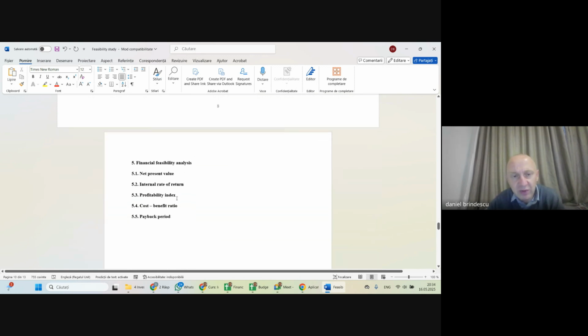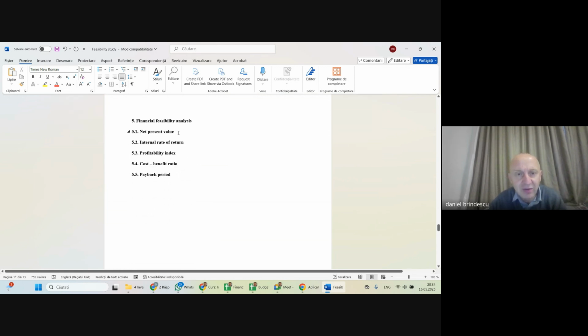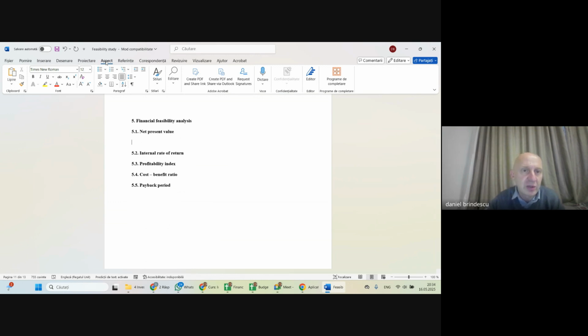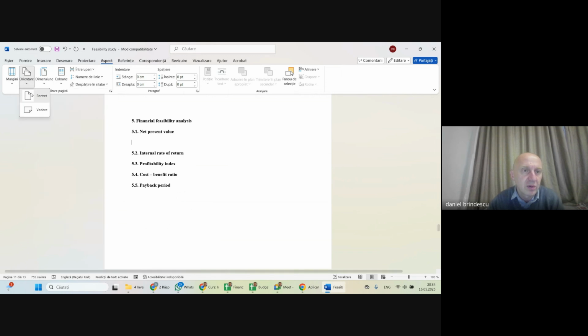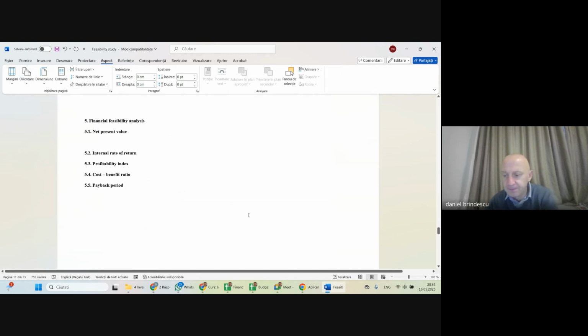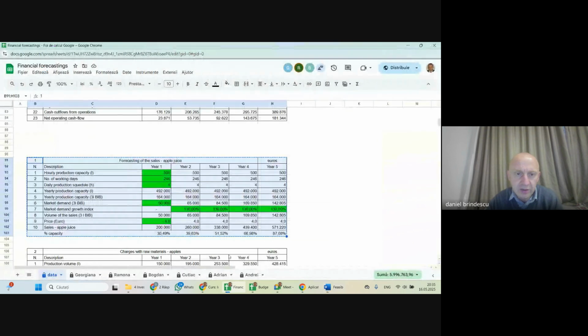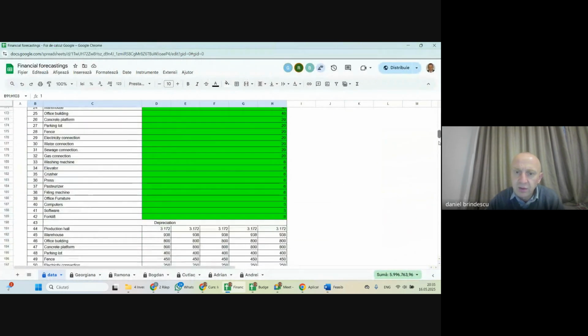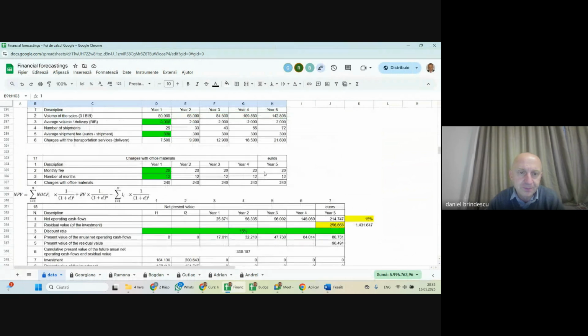You will have them, of course, in your Google Sheet. Then you get to the feasibility analysis. Net present value. Again, I'm arranging the sheet, and I'm copying the table.